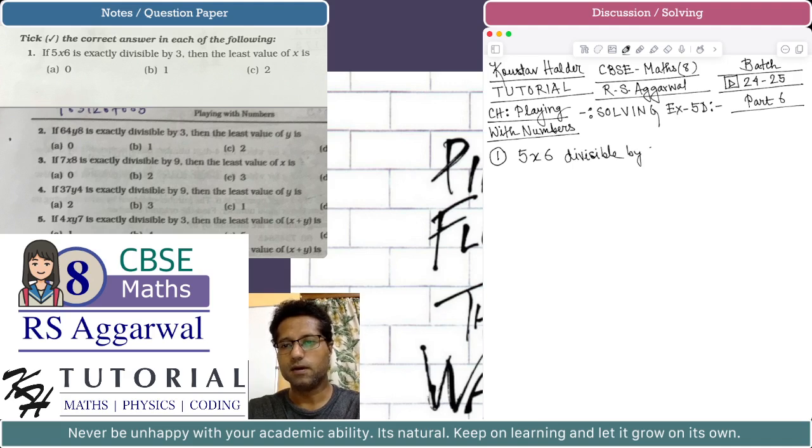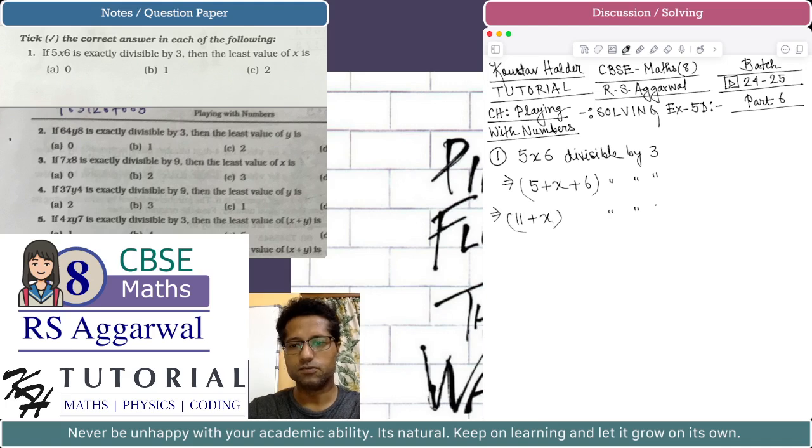We know that a number is divisible by 3 when the sum of all its digits is divisible by 3. So this will imply 5 plus x plus 6 is divisible by 3. So this implies 11 plus x is divisible by 3.